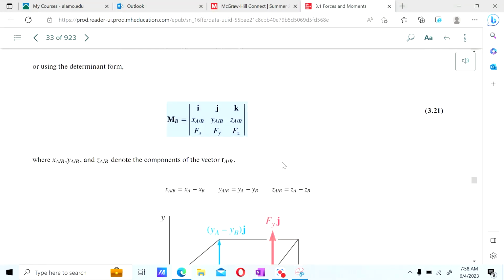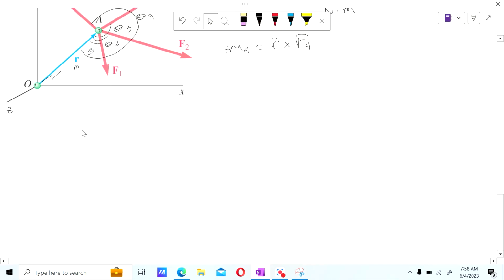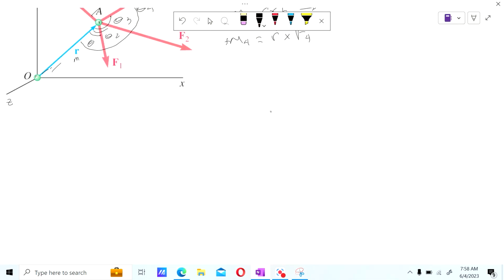Okay, the other thing that we need to talk about is if you do not know the distance, you have to know how to find the distance. And the distance is very easy. So let's say you have a vector r, and this is x1, y1, z1. This point right here is that, and the end point is x2, y2, z2.